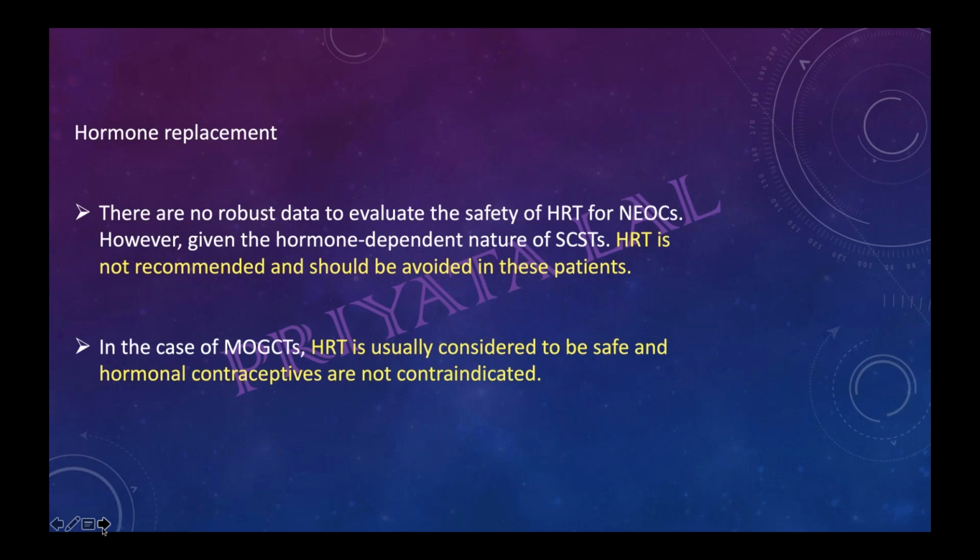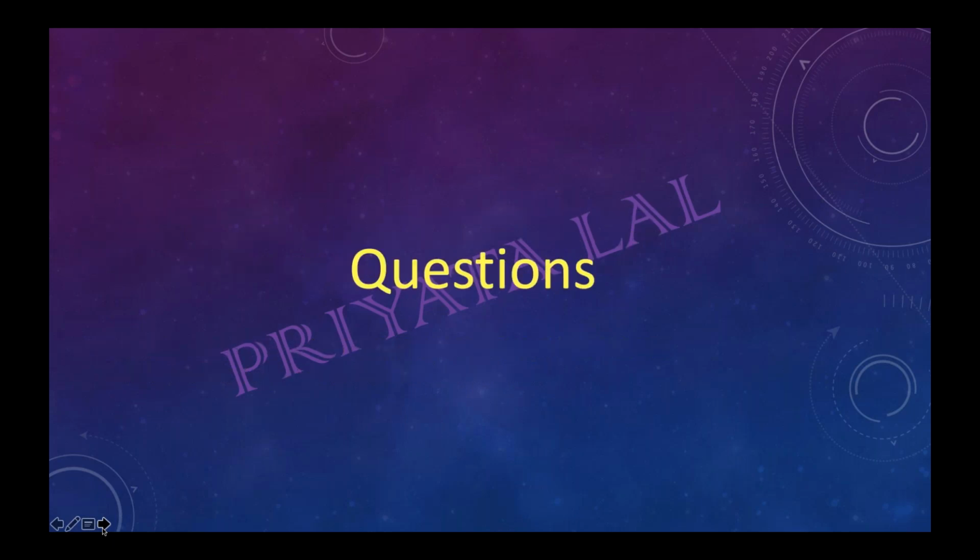So it depends on their nature. If they are hormone independent, consideration for HRT can be given. If they are hormone driven, then HRT is usually avoided. So that's all that I had to say today.